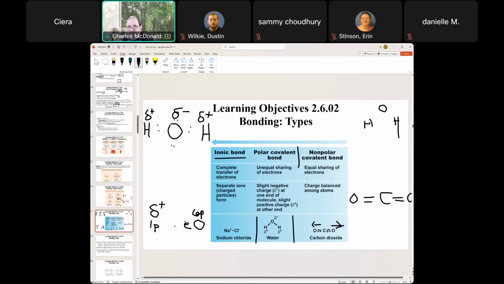So this is the way they do it. We call the sharing bond covalent. Covalent comes in two flavors. They share unequally, polar. They share equally, nonpolar. These guys are going to be pretty strong bonds.